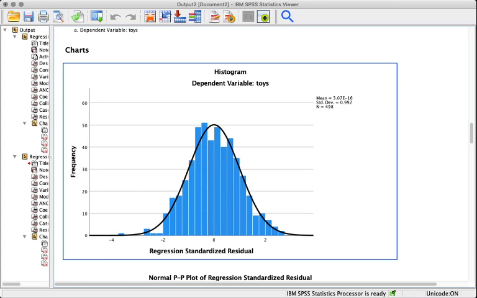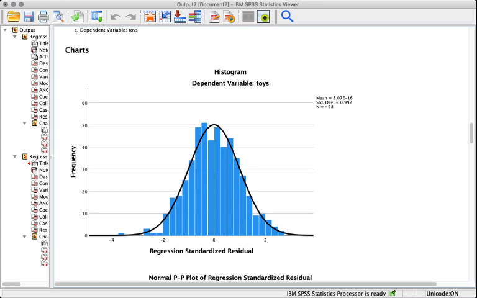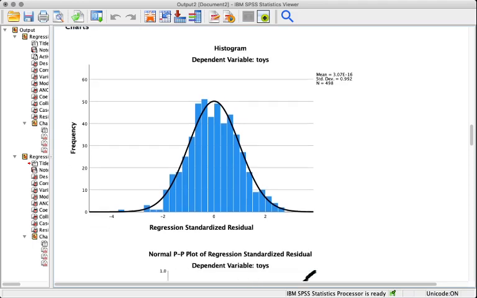So this is saying, how is that error laid out? And here we're seeing that it fits pretty well into this bell shape. If we go back and remember those assumptions, normality of errors was one of them, and this is telling us that this fits a normal curve pretty well.